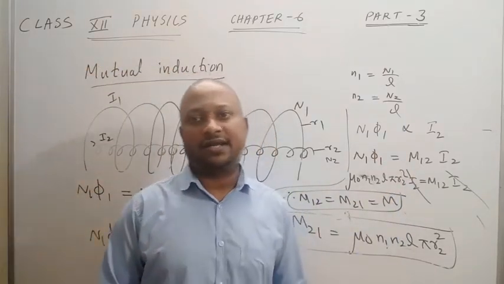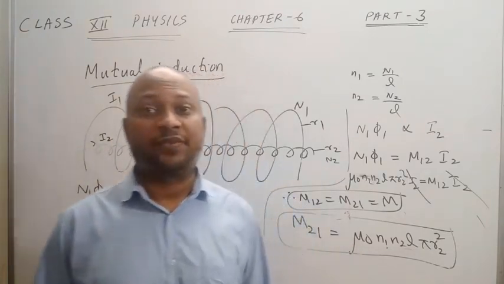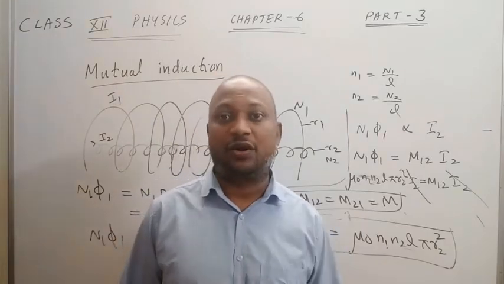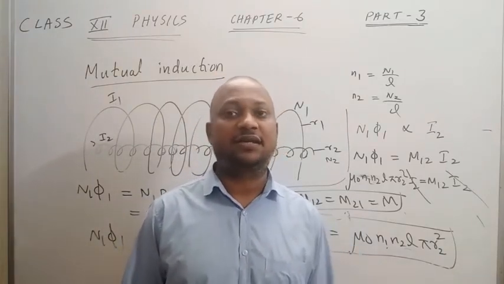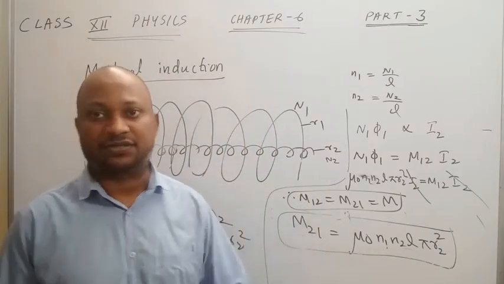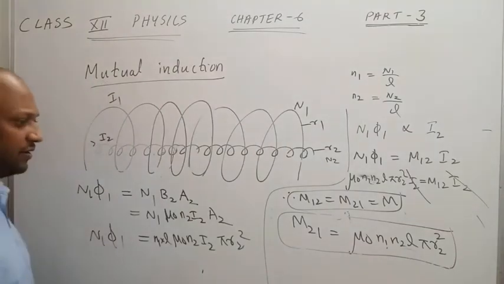और ये म्यूचुअल इंडक्टेंस जो है चाहे सेल्फ इंडक्टेंस हो या म्यूचुअल इंडक्टेंस हो, it is measured in a unit called Henry, in honor of Henry, a scientist who did experiments on this electromagnetic induction. Faraday and Henry, both of them.